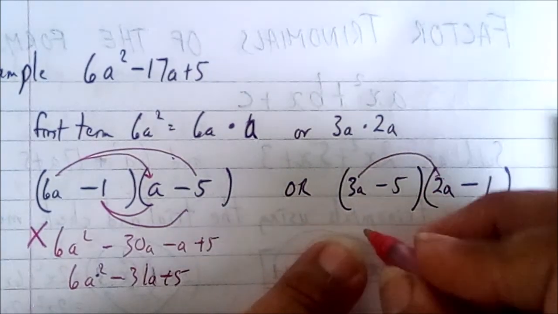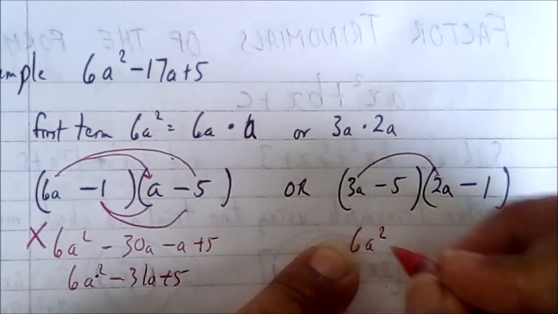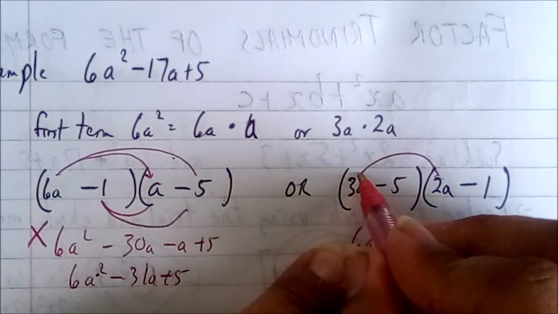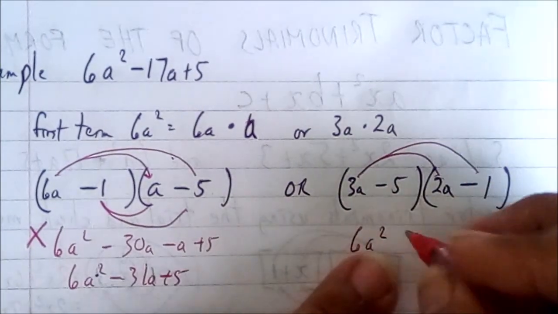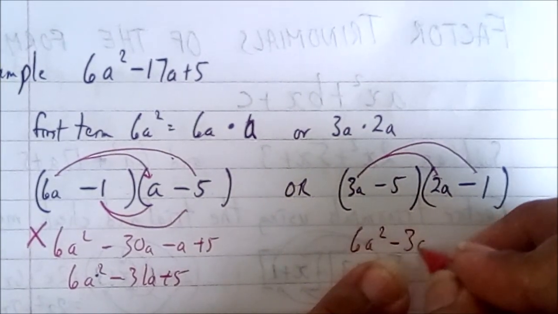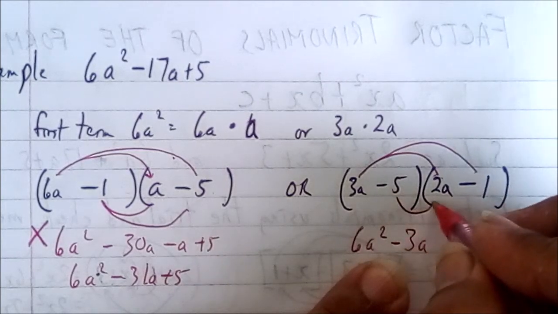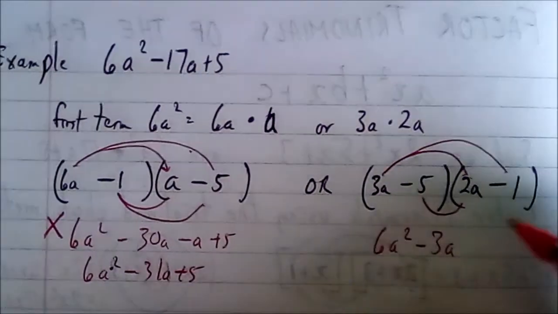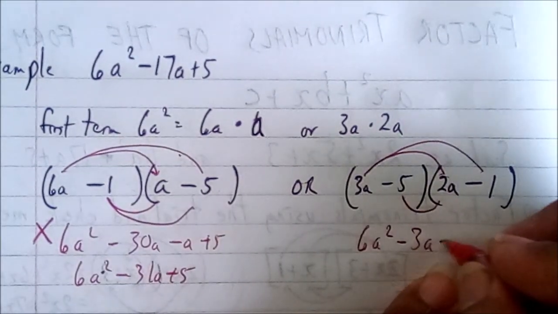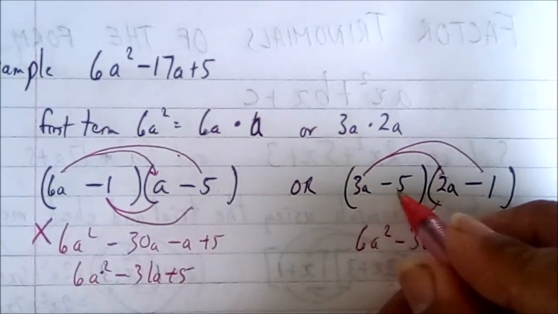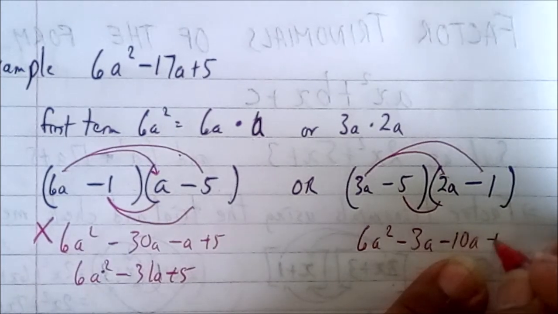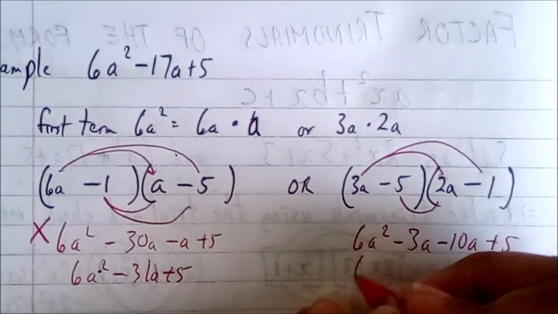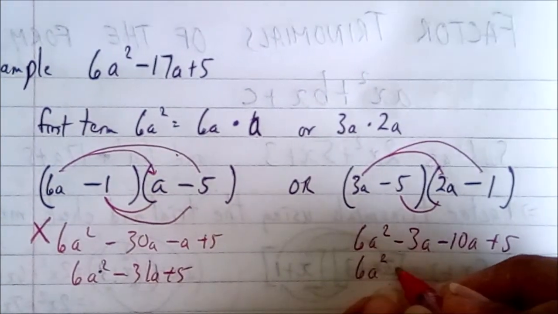Let's try this next one. 3a times 2a, 6a squared. 3a times -1, -3a. -5 times 2a, -10a. -5 times -1, +5.